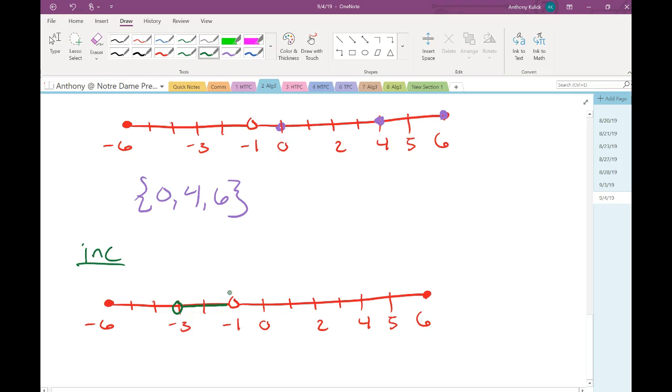Because at the end, at a single point, you're not going up or downhill, it's just a point. Like you can't talk about the slope for just a point. And then from -1 to 0, and then from 2 to 5.